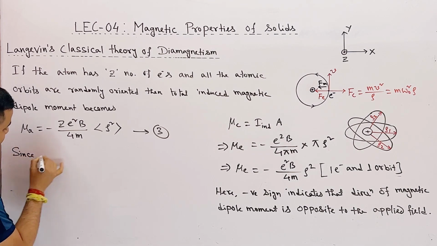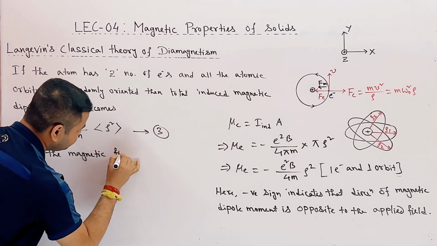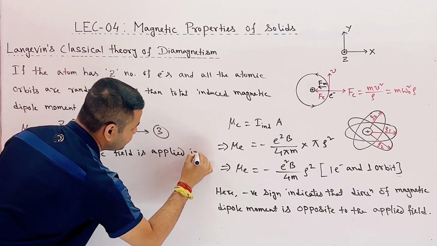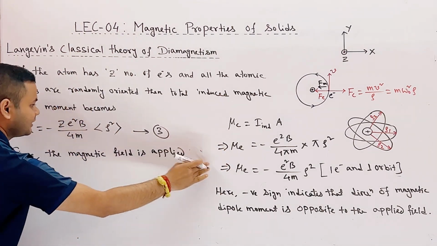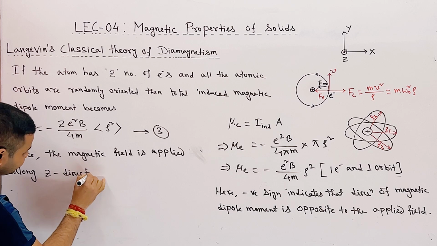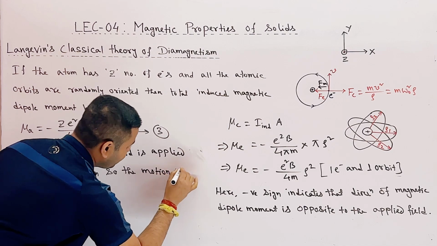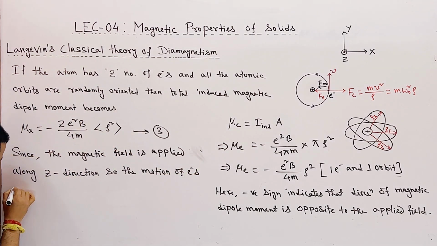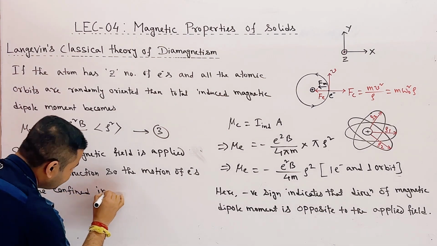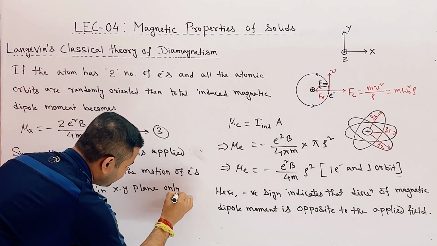Since the magnetic field is applied along z direction, so the motion of electrons will be confined in xy plane only.